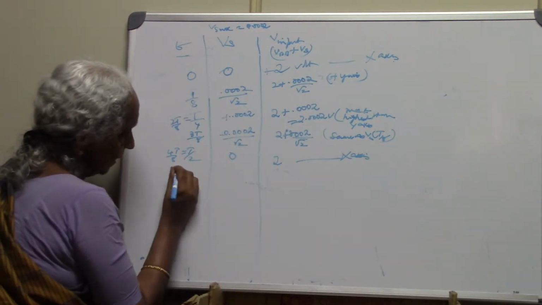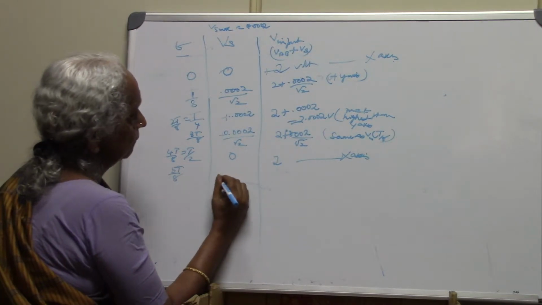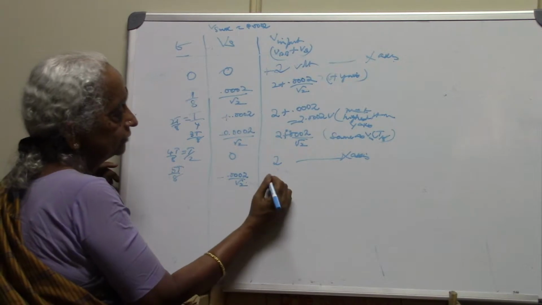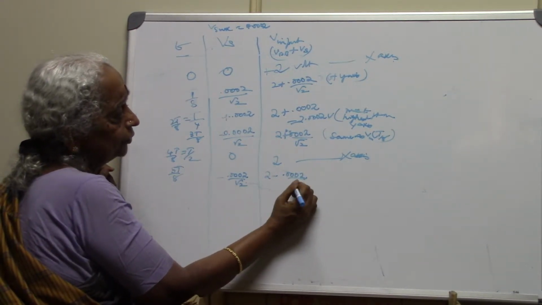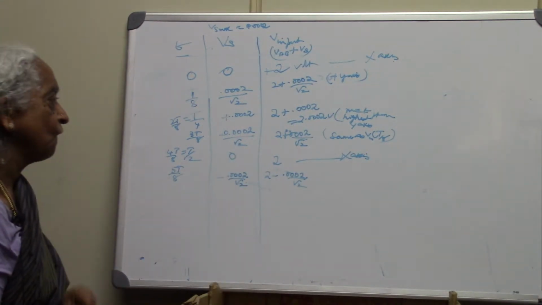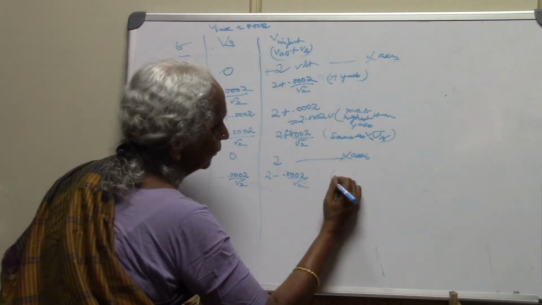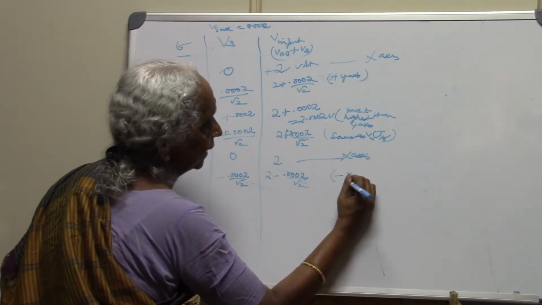Then 5T by 8, Vs will become minus 0.0002 by root 2. And this will be 2 minus 0.0002 by root 2. With respect to 2 as the neutral line or the mean line, this will come on the negative y-axis.